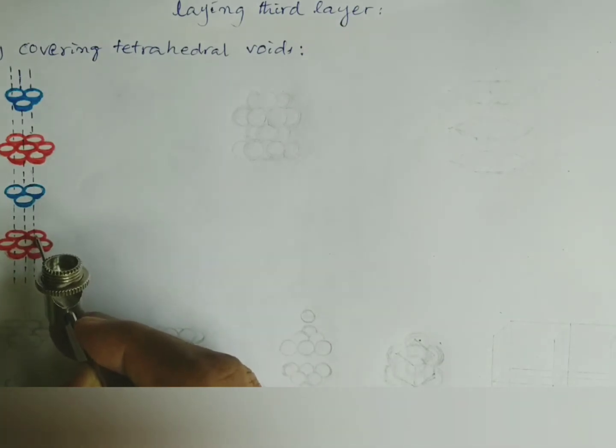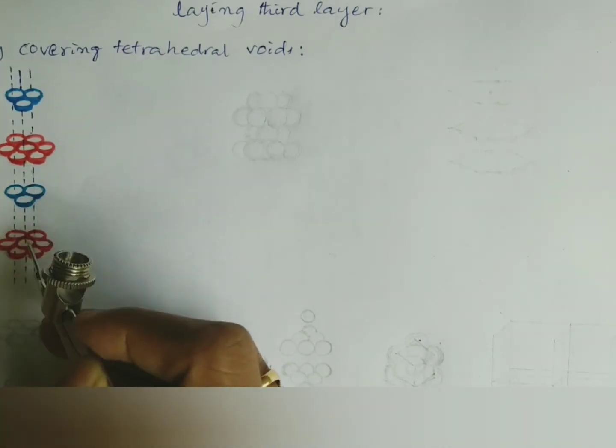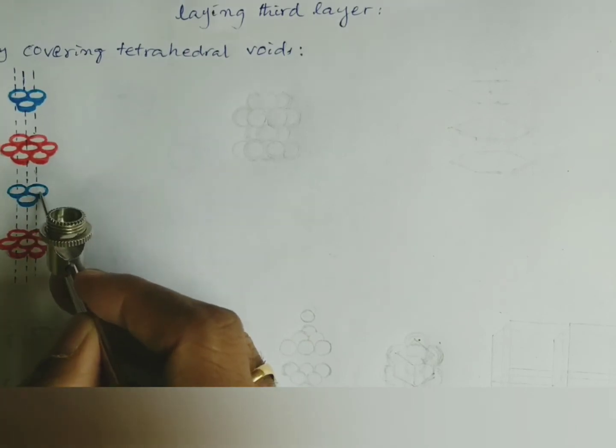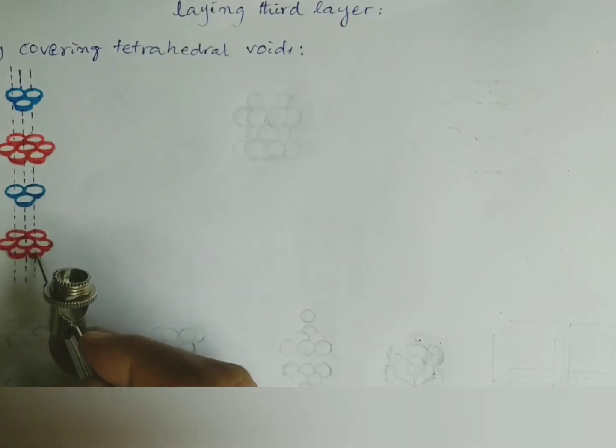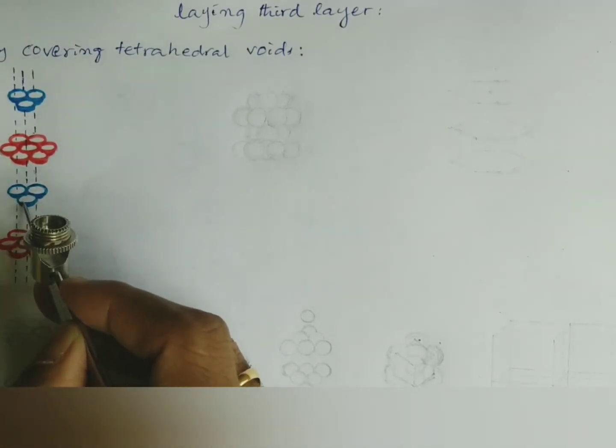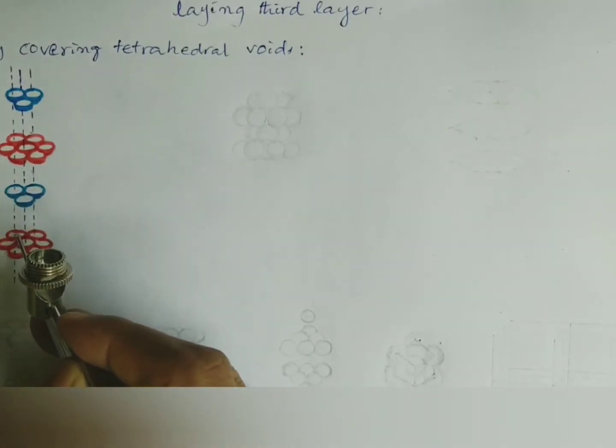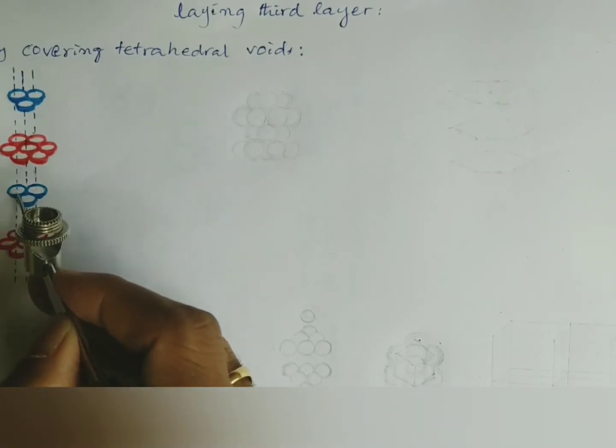So a tetrahedral void is created by placing an atom in the triangular void created by the first layer of atoms. So this is one triangular void, and this atom is placed here so that a tetrahedral void is created. So these three with this form a tetrahedral void. Similarly, these three atoms with this form a tetrahedral void, and similarly these three atoms along with this atom form another tetrahedral void.